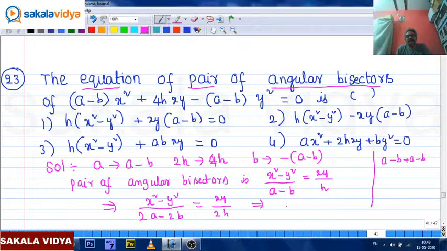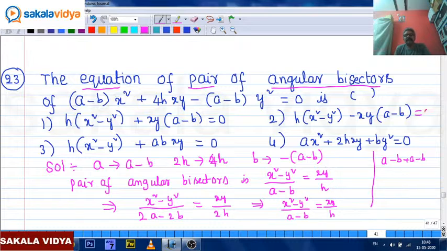Again we get the same value itself. x square minus y square by a minus b equal to xy by h. Cross multiplication: h into x square minus y square equal to a minus b into xy.